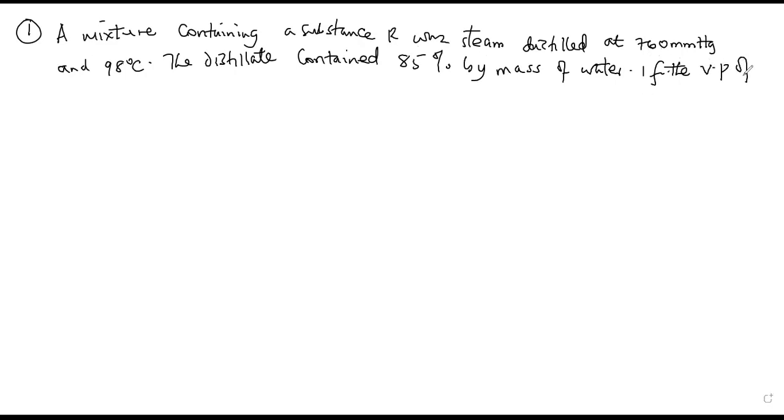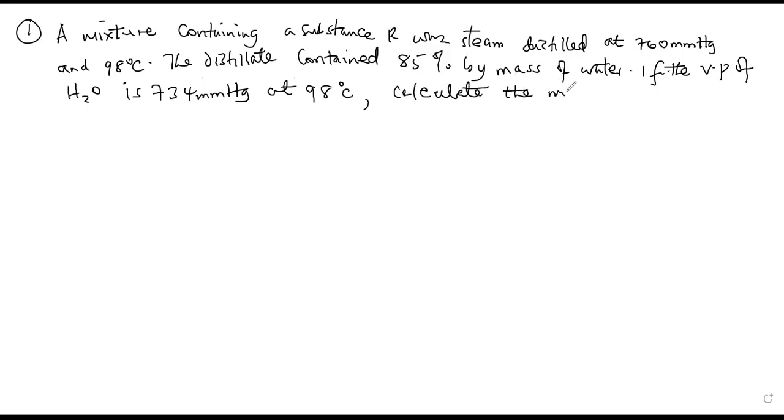The vapor pressure of water is 734 millimeters of mercury at 98 degrees Celsius. Calculate the molar mass of R.